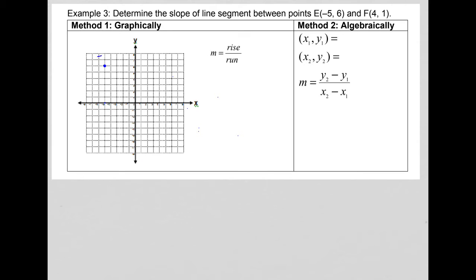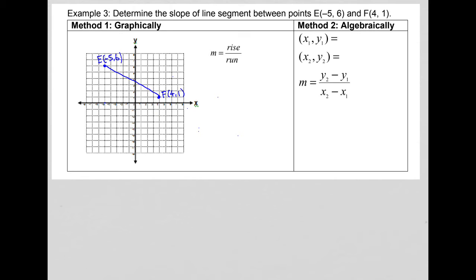This is your point E, (negative 5, 6). Next, we put F on, (4, 1). Since it says it's a line segment, we connect those two points and do not extend it, because this is only a line segment. So now we have line segment EF.